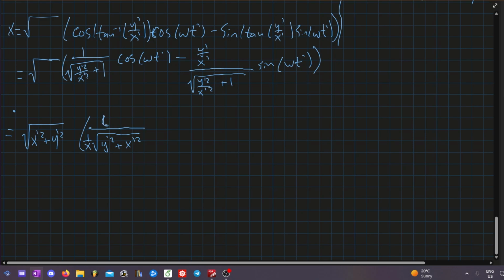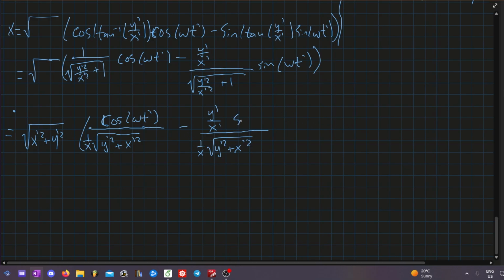And on top, the cos of omega t prime minus y prime over x prime, 1 over x square root of y prime squared plus x prime squared. So again, we're just putting this into a nice form so that we can cancel with the square root up front. And then we're going to get the sine of omega t prime up here. So we can go ahead and make that cancellation now.